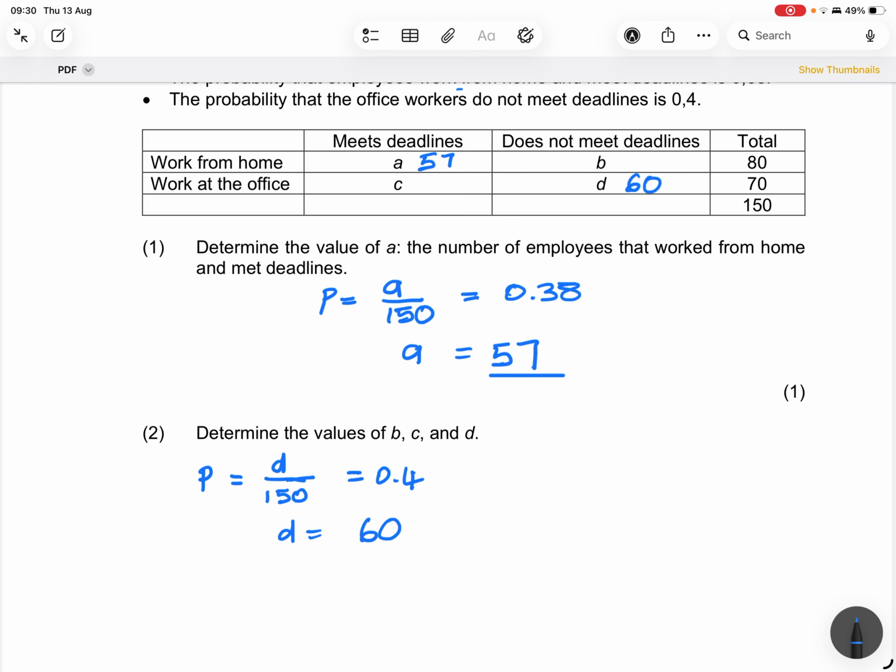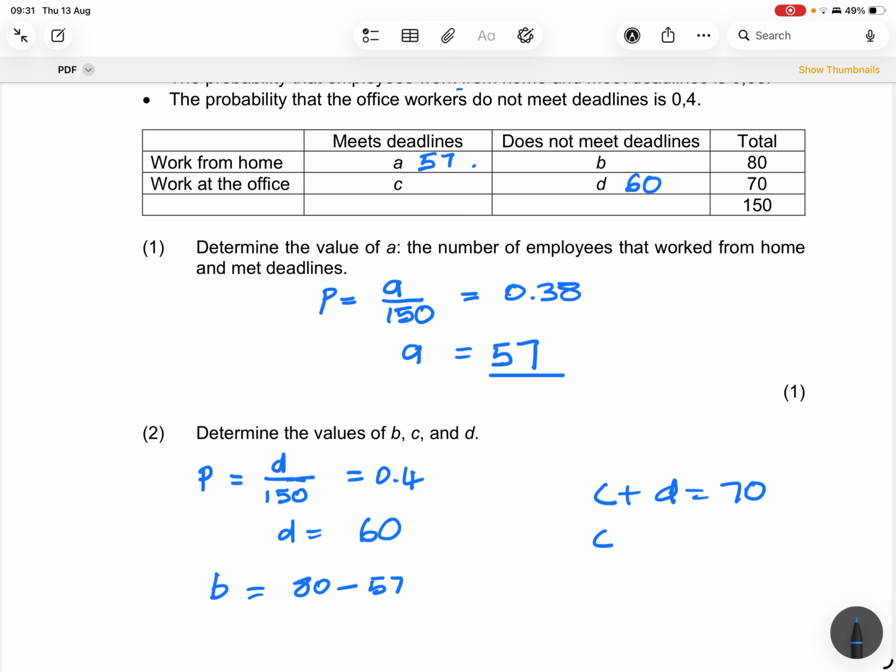So now, the value of B, remember A plus B should give me 80, right? So that means B would be 80 minus 57, which is 23. And then the value of C, this means C plus D should give us 70.